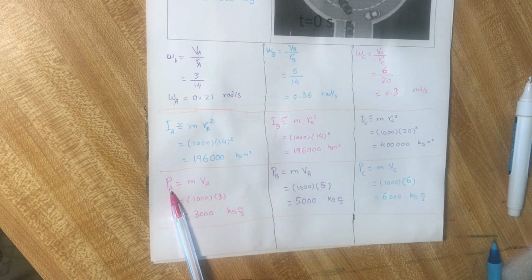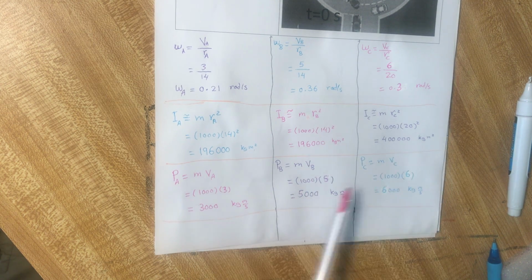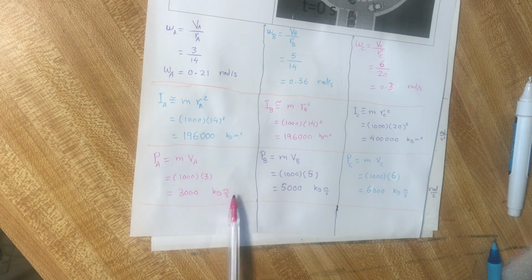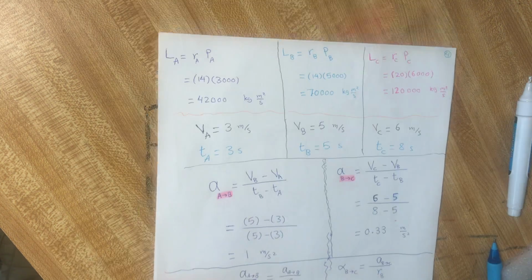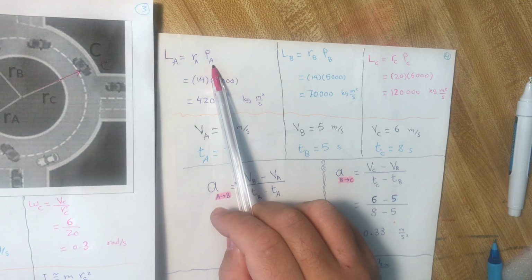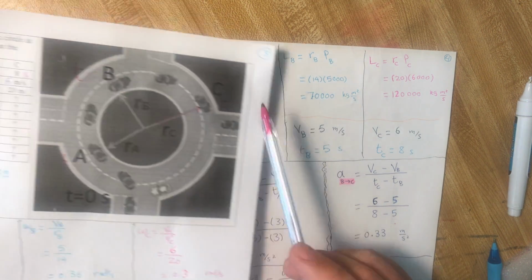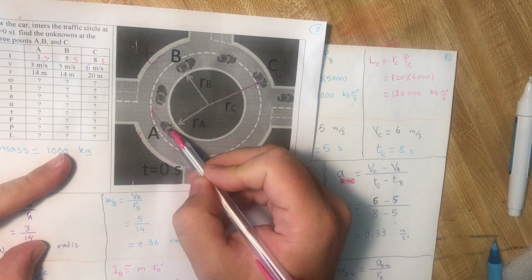The linear momentum is equal to mass multiplied by the velocity at each point. And you can see the values of each momentum for the car at each point. Now, the angular momentum is R multiplied by P times sine theta. In all of these cases, theta is 90 because the velocity is perpendicular to the radius.